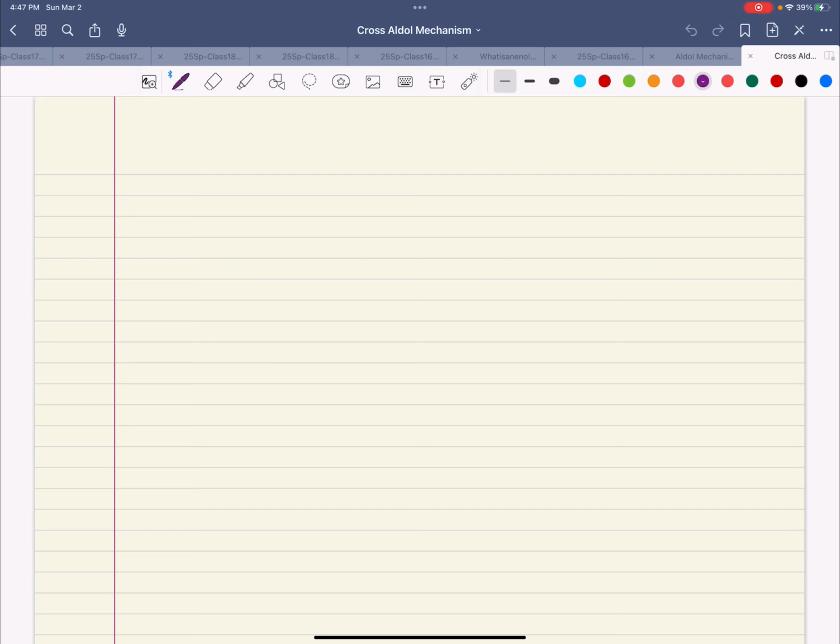Hi everyone, let us do a crossed aldol condensation, product and mechanism. Another name for a crossed aldol is a mixed aldol.